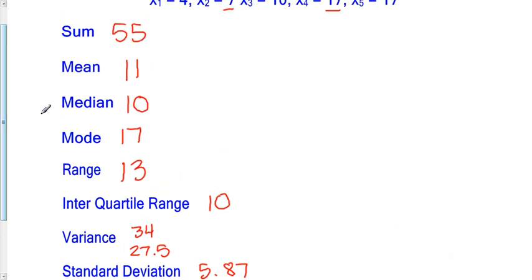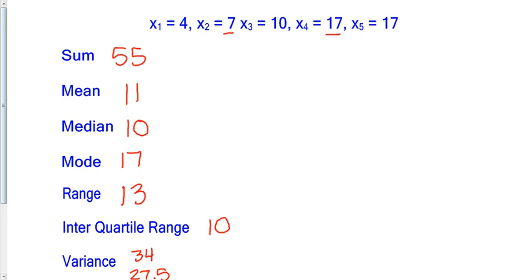So now, if we were to take and say, add 5 to each value, this would become 9, this would be 12, this would be 15, and 22, and 22.